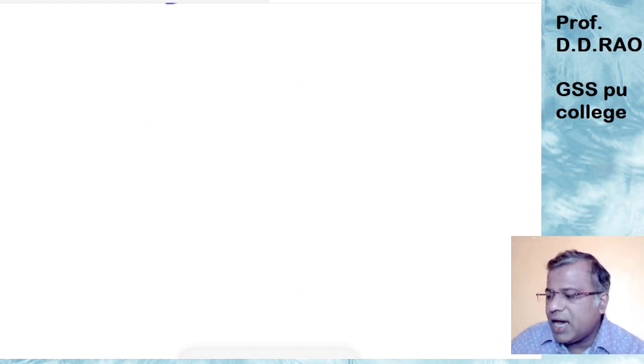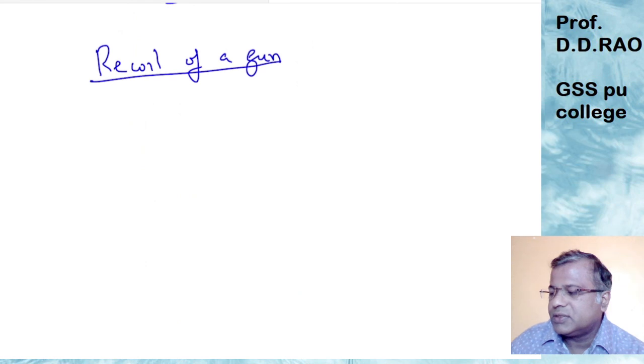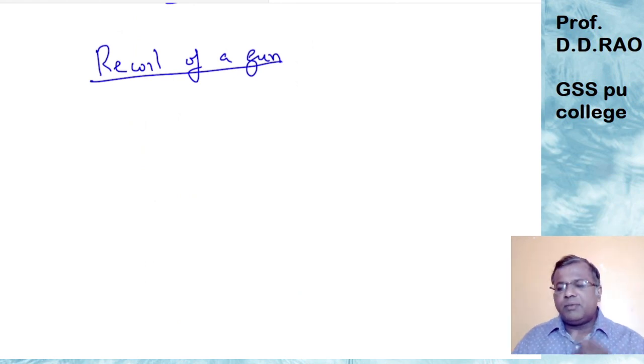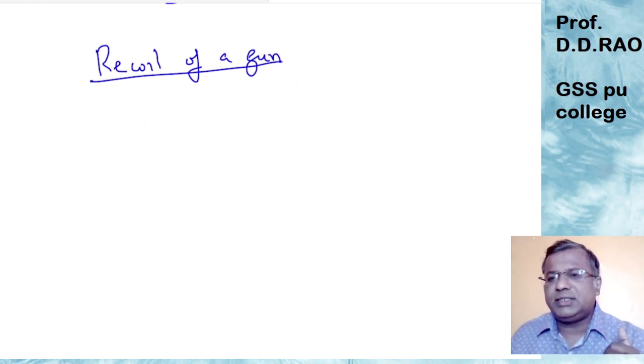So we have the derivation for the recoil of a gun. What is this recoil? The moment a bullet is shot in the forward direction, the gun will move slightly in the backward direction.